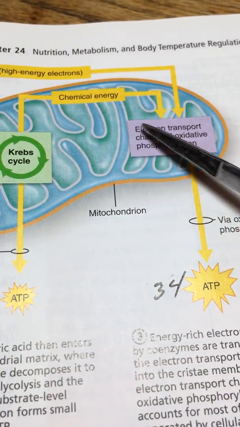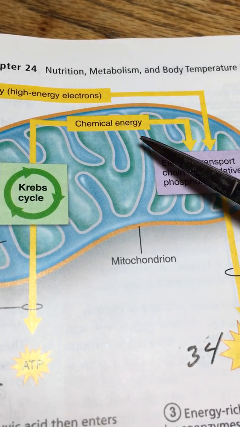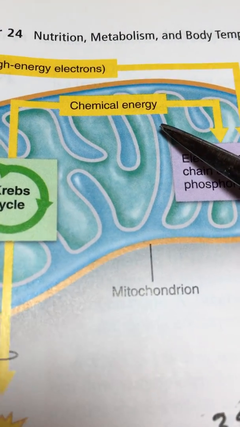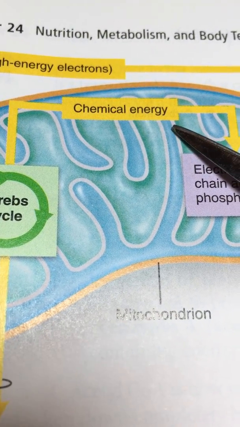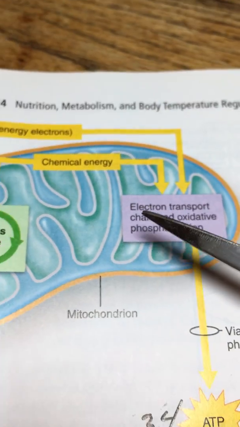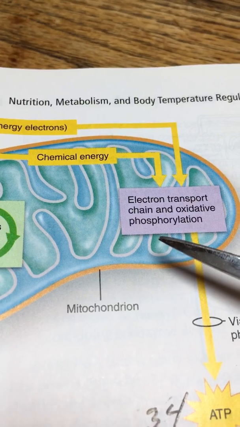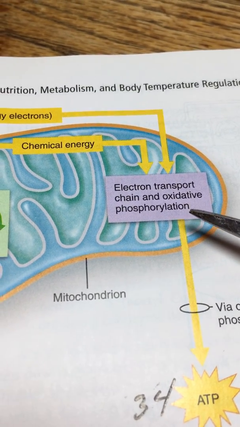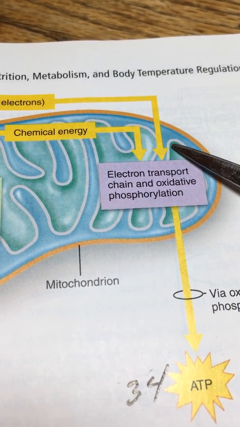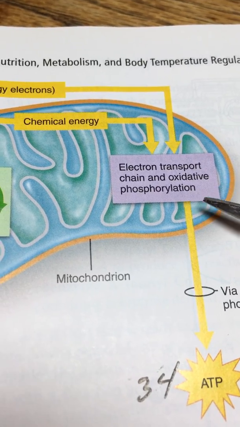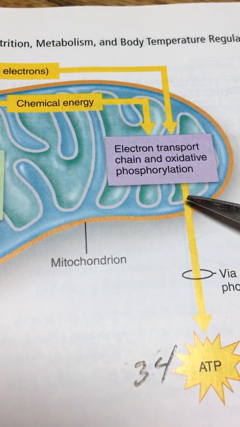Okay, and then we get this coupling that occurs with NAD and FAD. This is called coupling, where they're transferring the hydrogen ions over here, and we're getting the electron transport chain, and ultimately we're actually creating ATP here.